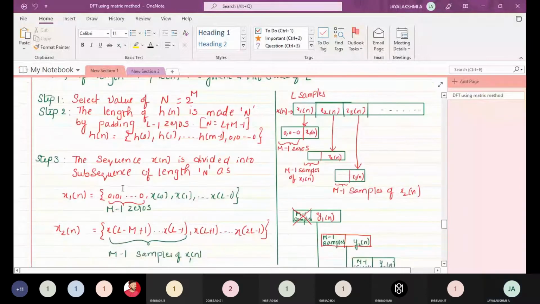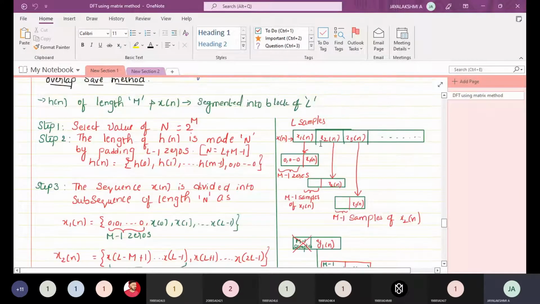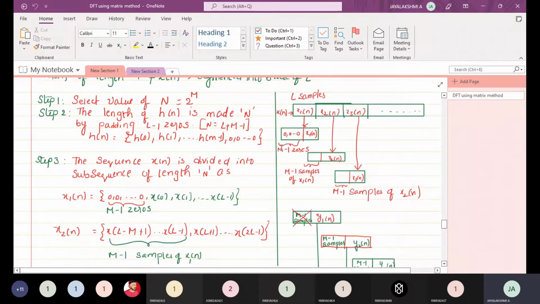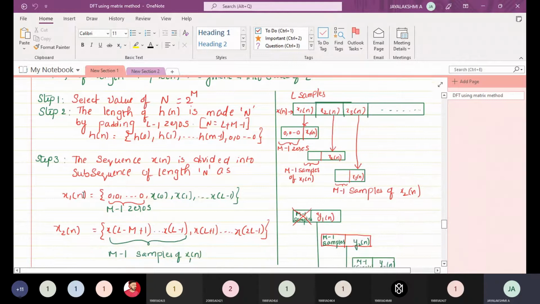The third step is to divide the sequence x of n into subsequences of length L. On the right hand side I am segmenting my x of n into smaller blocks called segments. Each segment is written like this. x1 of n always starts with m minus 1 zeros. What you have to observe here is that h of n is padded with L minus 1 zeros at the end of the sequence.